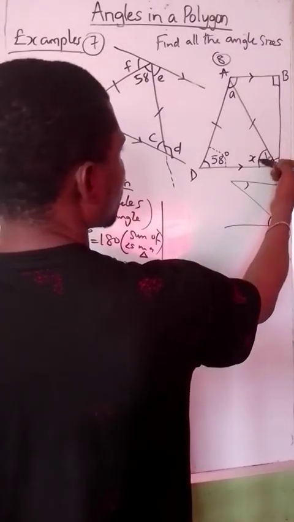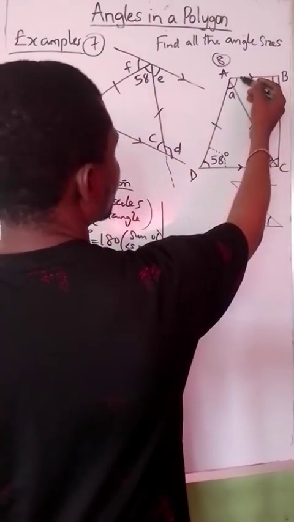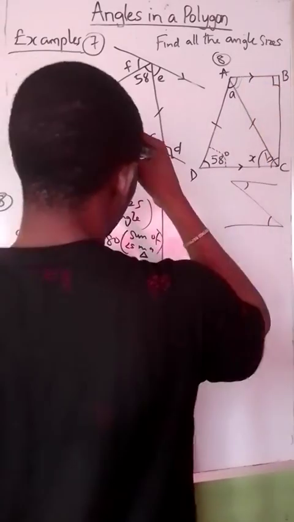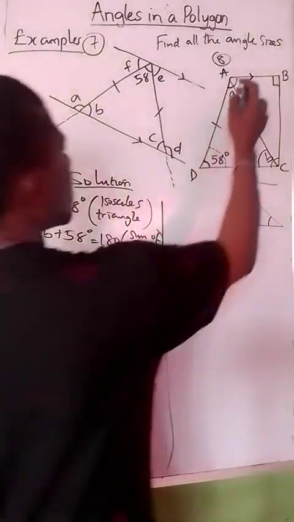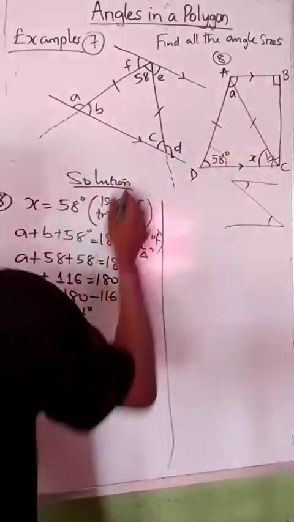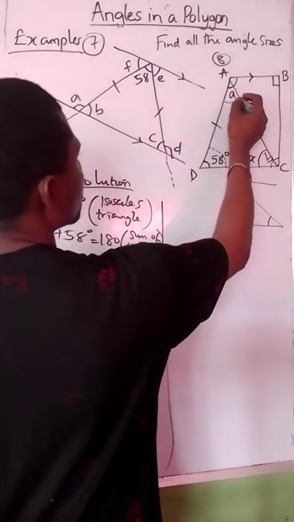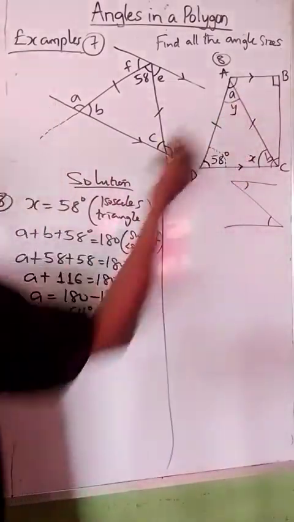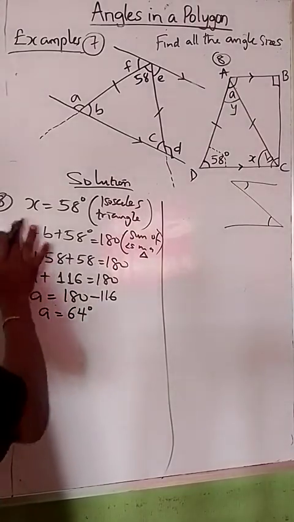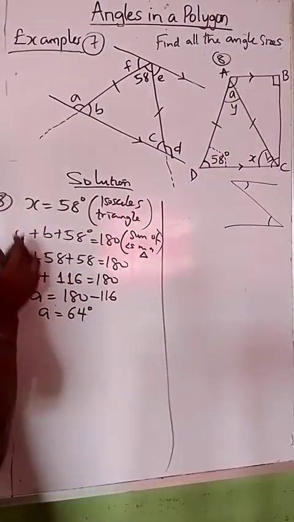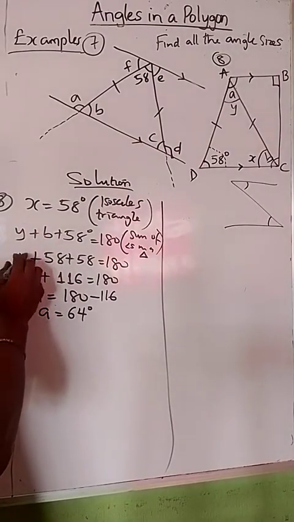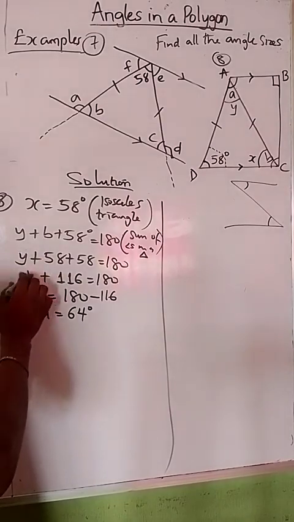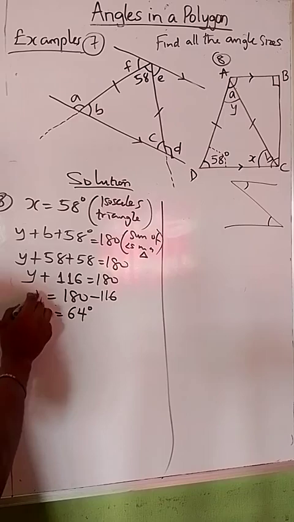Yes, this angle that we got here and this are the same. So also it was not meant to be A. Let's just say Y. This is Y, sorry, not A. The whole of this is A. So let's say Y, not A. What we got is Y.